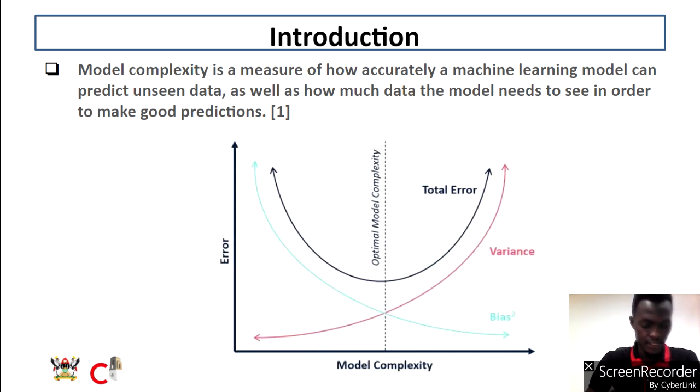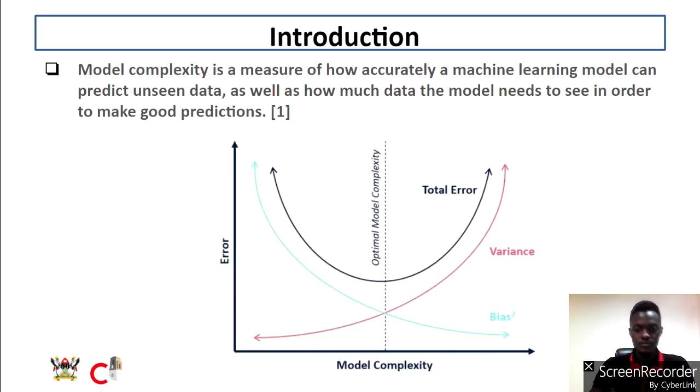So bias, in a few words, is the algorithm's tendency to consistently learn wrong things without taking into account relevant information in the data. This means that high bias is a result of the algorithm missing the relevant relationship between the features and the target output.